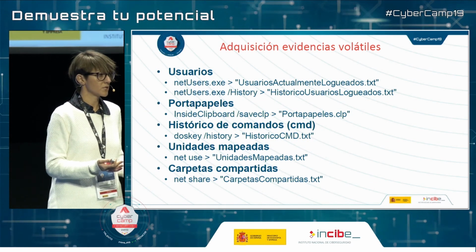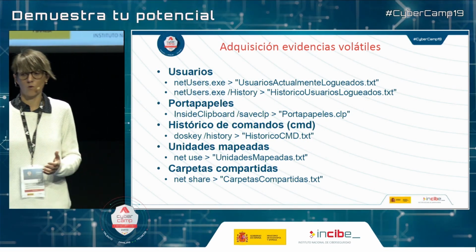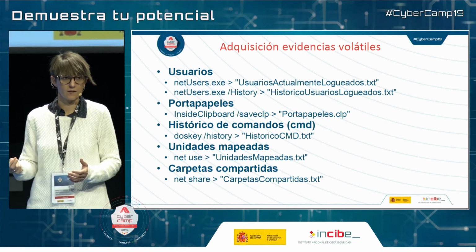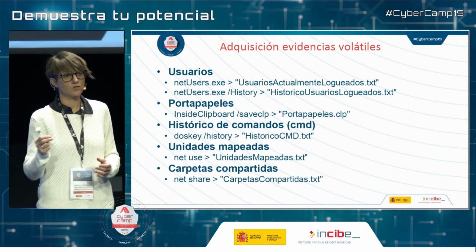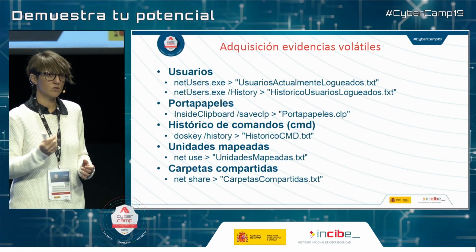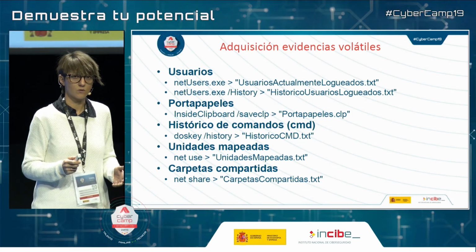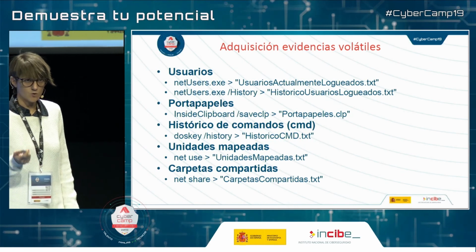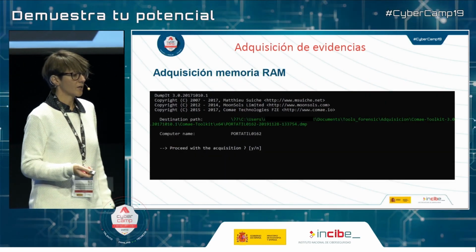So what do we do with all these instructions? We just put them on a script, a .bat script. That .bat file will be saved on our incident response disk, and then we execute the file. We get all the volatile evidence, and in just a few seconds we have useful and relevant information for the case. Next thing, we would go onto the RAM.